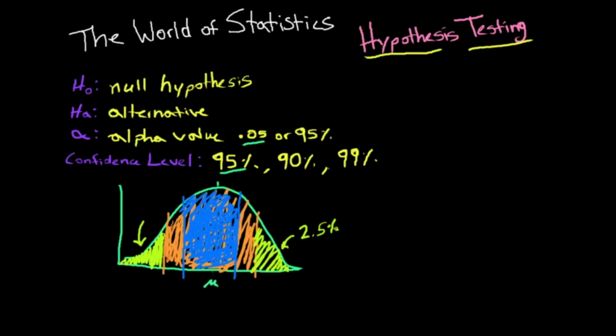And now our error is a lot bigger. Now we have 5% error on each side of the curve. So even though we are shrinking this area that we're looking between, we're now at a 5% error chance on both sides.